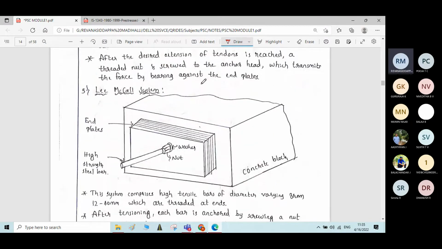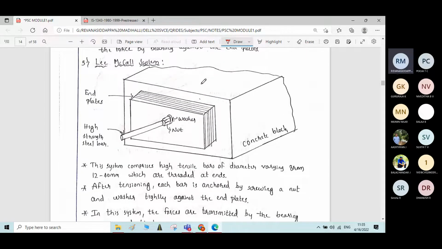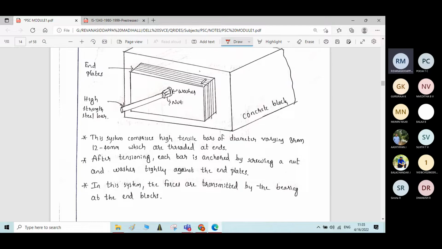The last kind of system is the Lee-McCall system. This system comprises high tensile bars of diameter varying from 12 to 40 mm, which are threaded at the ends.